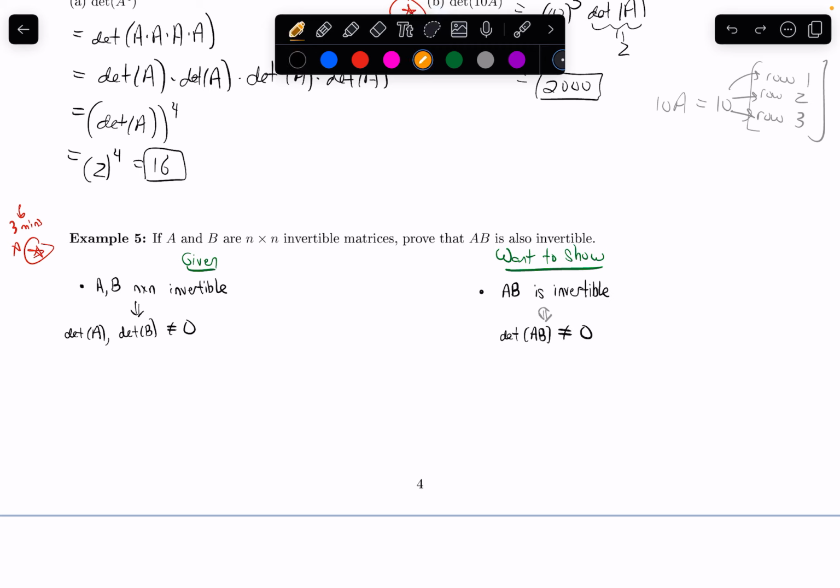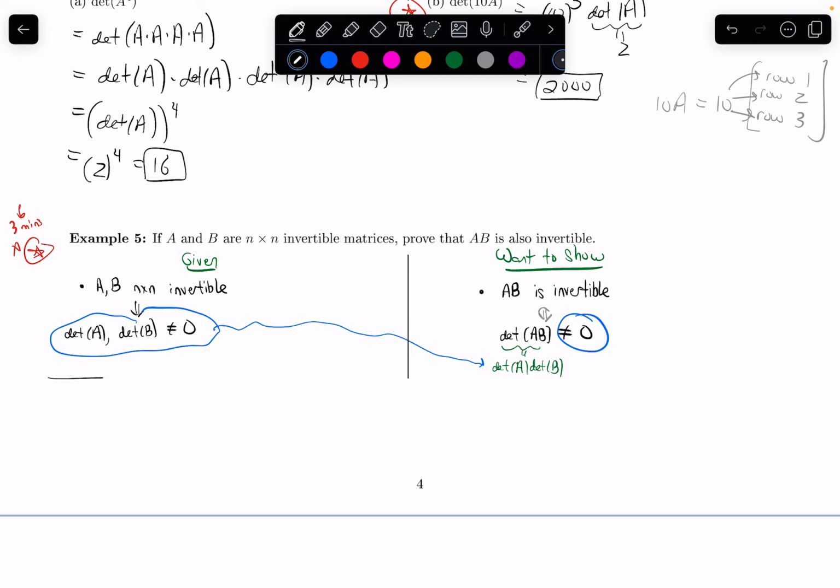Well, we have this determinant property that says the determinant of A times B is equal to the determinant of A times the determinant of B. And because on the given side I know both of those determinants are not 0, when you multiply them together, that's not going to be 0, because two non-zero things multiplied is not 0. Okay, so I'm seeing the connection.